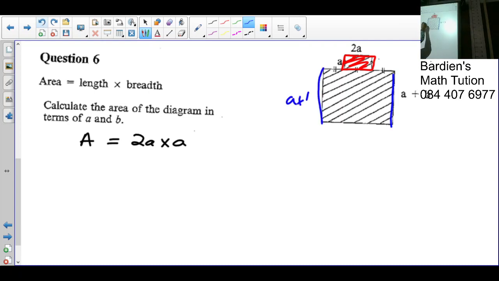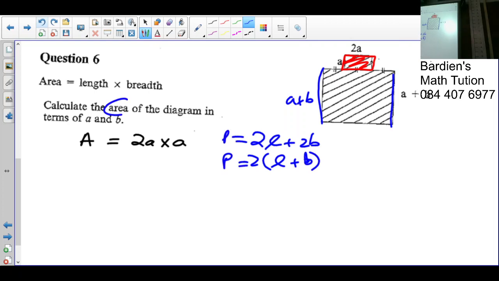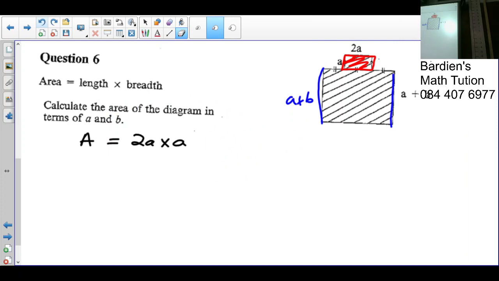Yeah. That is ab. But how's that going to help us for the area? Now, twice length plus twice breadth is what? This is perimeter. The question is calculate the area. For that, 2a times a accounts for the small rectangle. How am I going to calculate the area of the big rectangle?